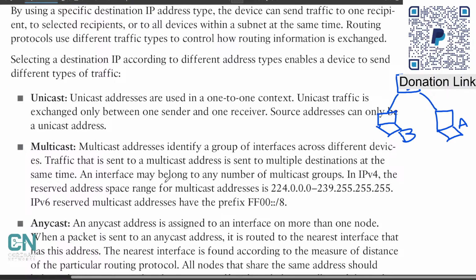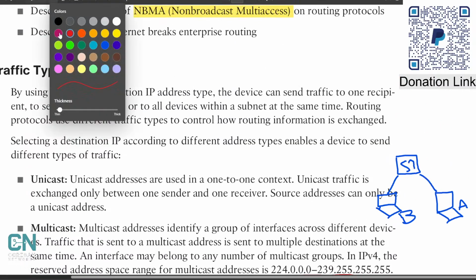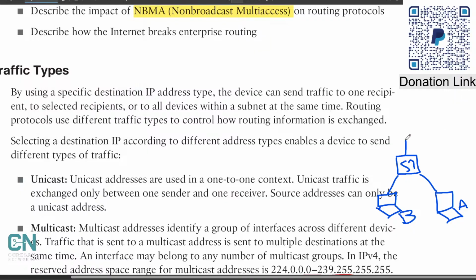An interface may belong to any number of multicast groups. In IP version 6, the reserved address space range for multicast addressing is like this. For IP version 6, reserved multicast addresses have this prefix. Okay, we need to add a router.